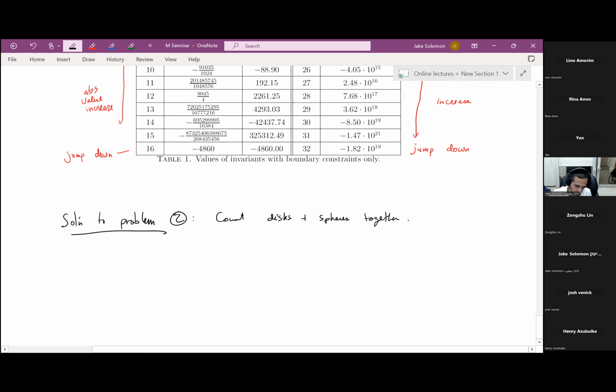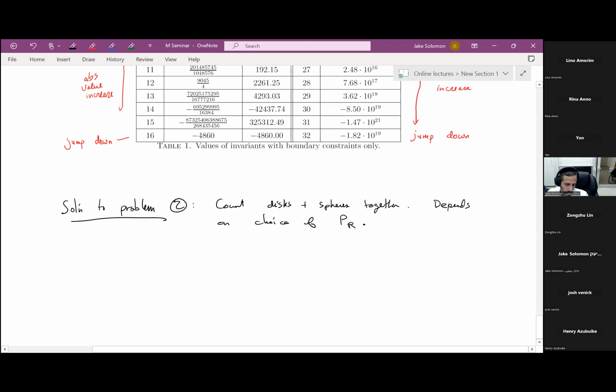It depends on a choice of some map of cohomology groups, a right inverse. But no matter which right inverse you choose, one can show that many of these invariants don't vanish. In the previous examples, for some reason, they always vanished.